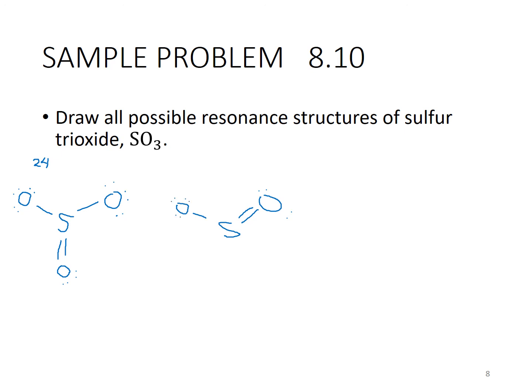There's no charge on this, so I don't need to put this whole thing in parentheses and indicate the charge. So this would be the second resonance structure. Again, convention is a double-sided arrow in order to say that these are resonance structures of each other. So I can do that again to get my final resonance structure, like so.